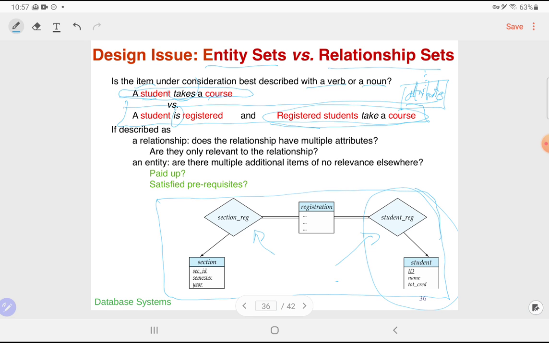So why do we decide which we would have? Well, does the relationship have multiple attributes? If you remember, when we had the notion of relationship sets taking attributes, I said it is preferable that there is a single attribute.